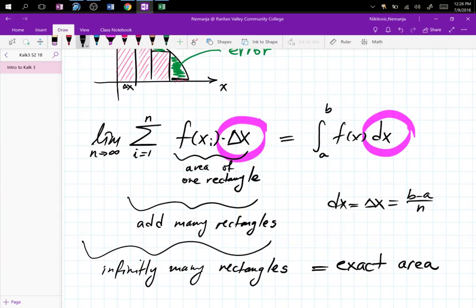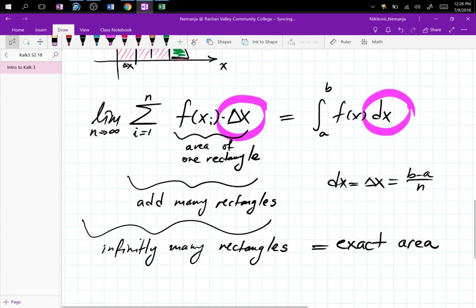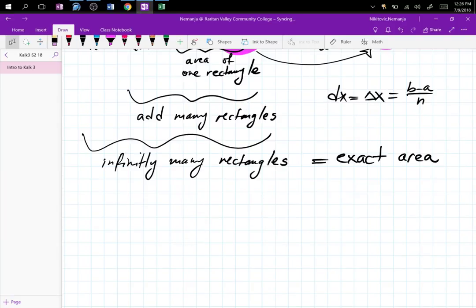So when you are examining the dimensionality of the formulas, you start by saying area is the integral from a to b of f of x times dx. And you know what I have?